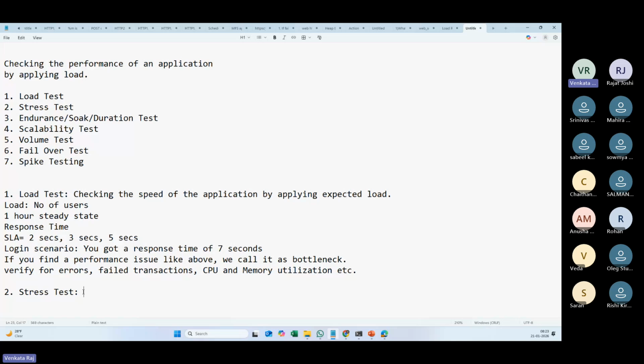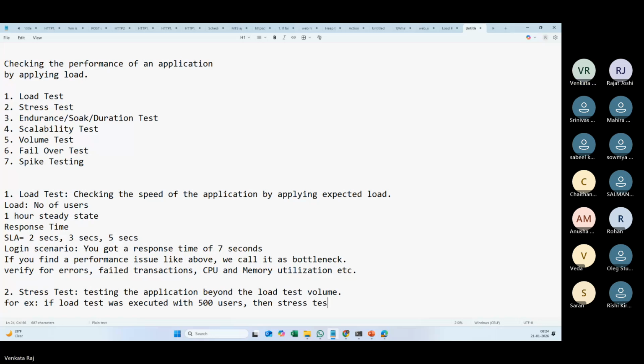So stress test is nothing but testing the application beyond the load test volume. For example, if the load test was executed with 500 users, then stress test is done by using anything beyond 500.